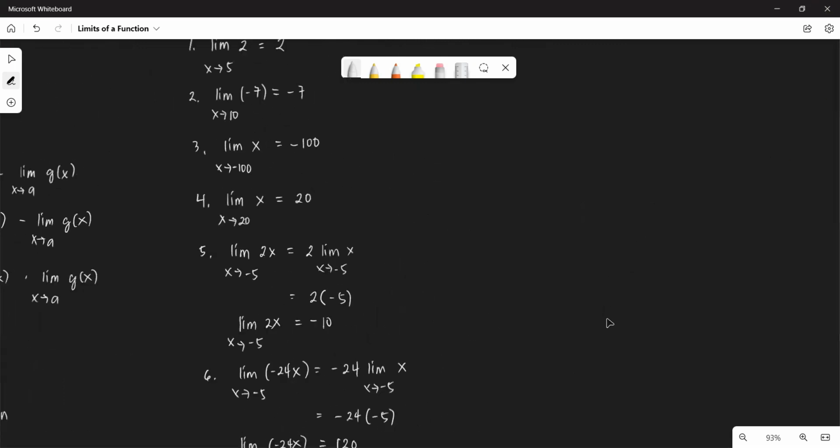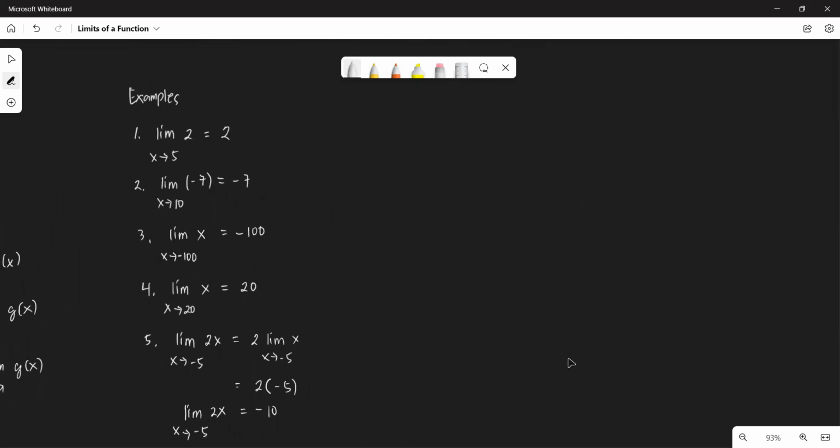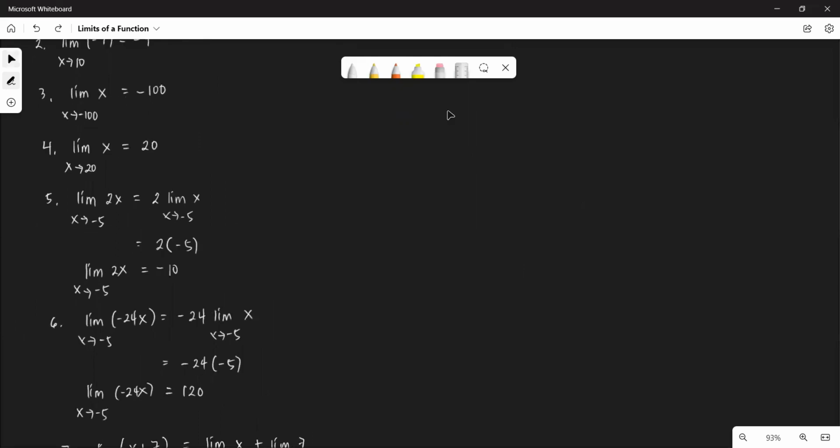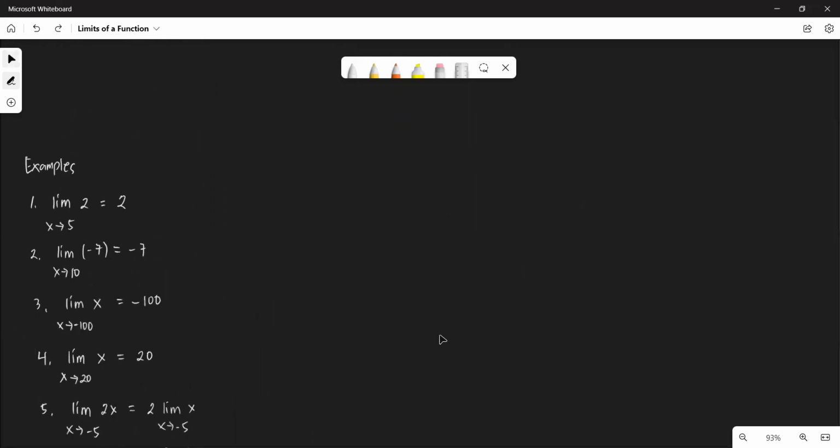And then another example, let me continue on the side. So we have example number 8. Let's say we have 5x minus 3.